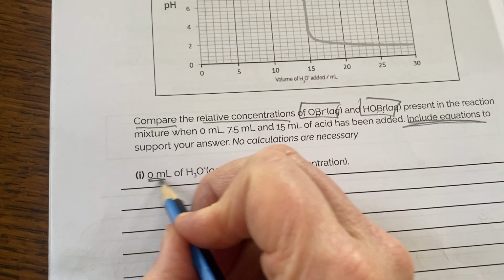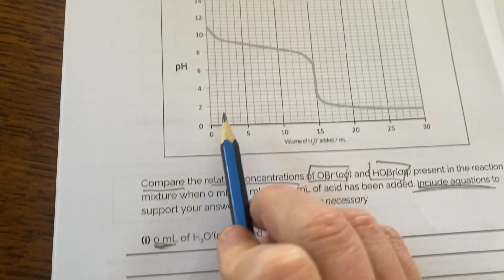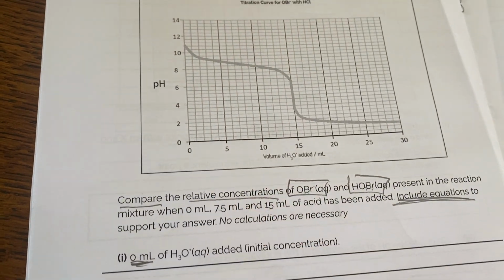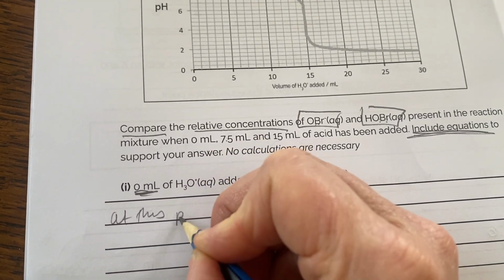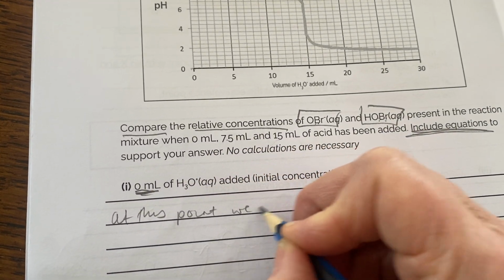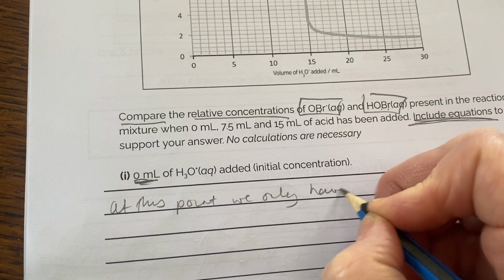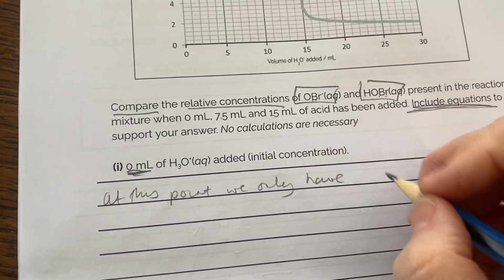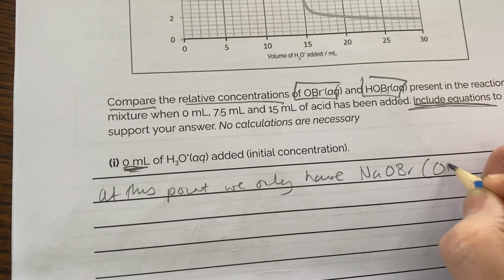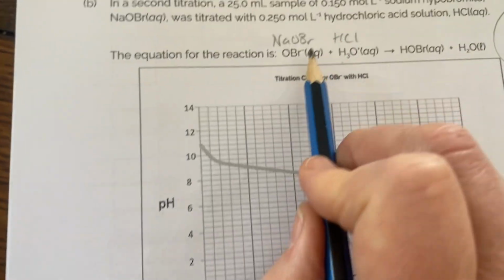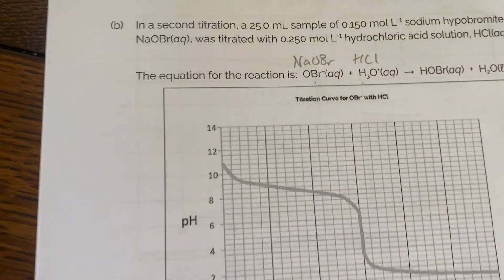So at 0 mils, so this is at the first, before we start the titration. At this point, we only have NaOBr or OBr minus. So it's basically before we've added any acid.